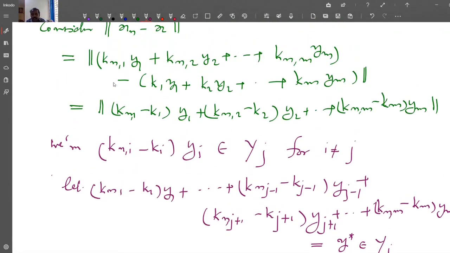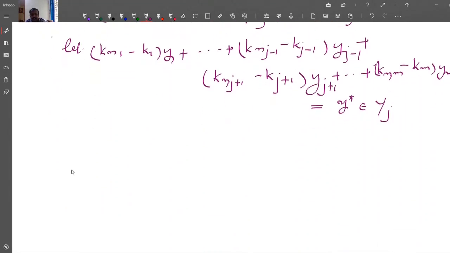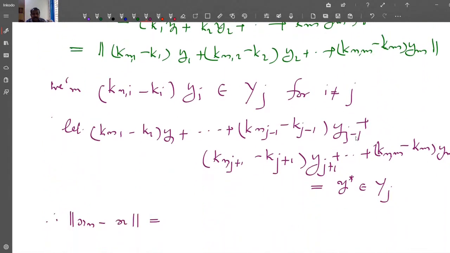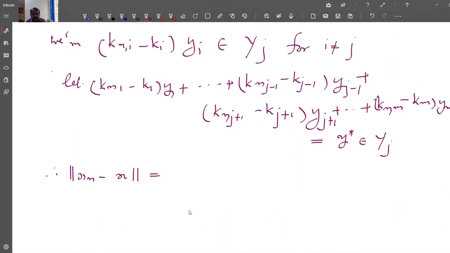Therefore, we can write norm of xn minus x as all these terms except the jth term is y star. So this is equal to norm of (knj minus kj) yj plus some y star, where y star belongs to Yj.